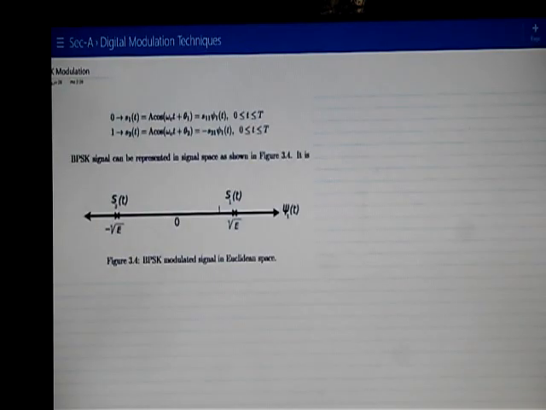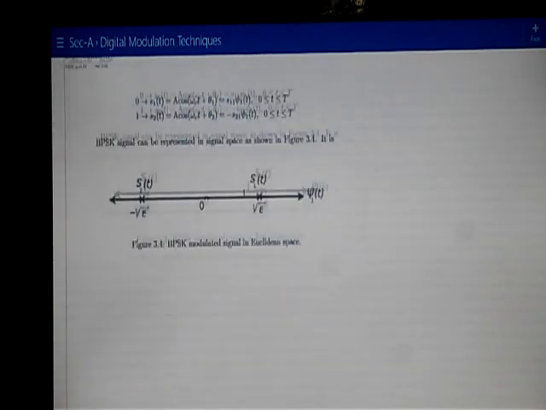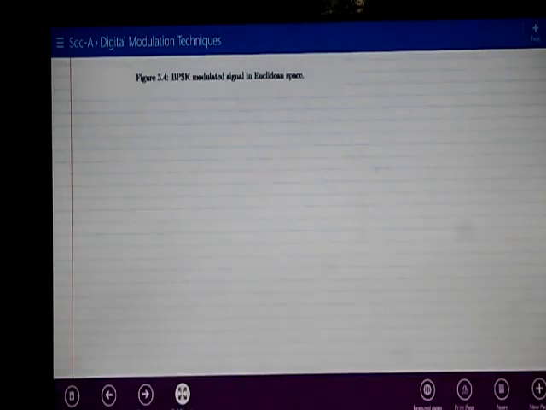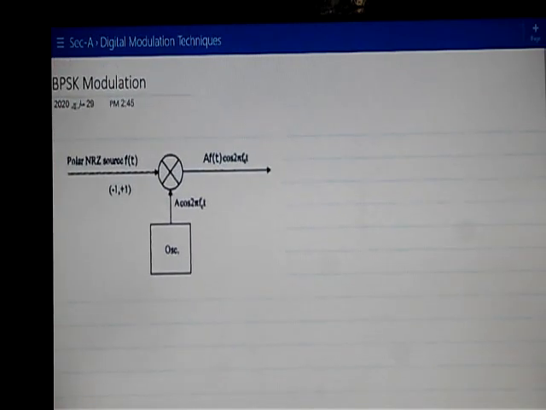Now how do we plot this binary data? Let me go to the next page where I've shown this block diagram. Now this is your f of t.